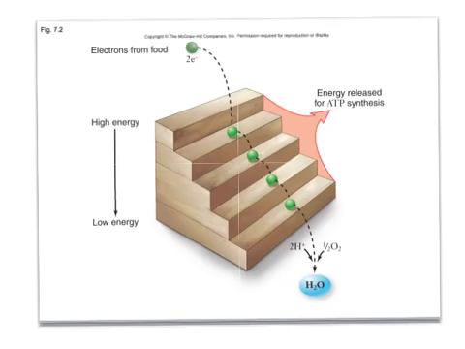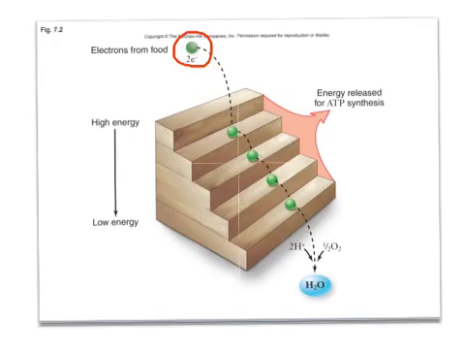Okay, the next one here. How does this whole process work? Well, you get these electrons from the glucose molecule, and they're very, very high energy. By enzymatic reactions in the electron transport chain, represented here by the staircase, the electrons literally fall down in their energy levels, and that energy is released and utilized to pump the proton gradient so that you can run the ATP synthase molecule to make ATP.